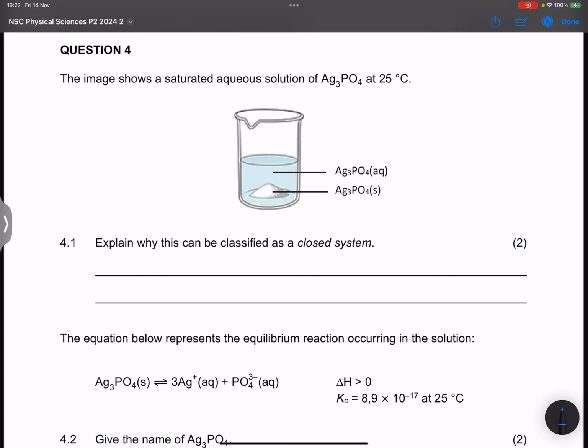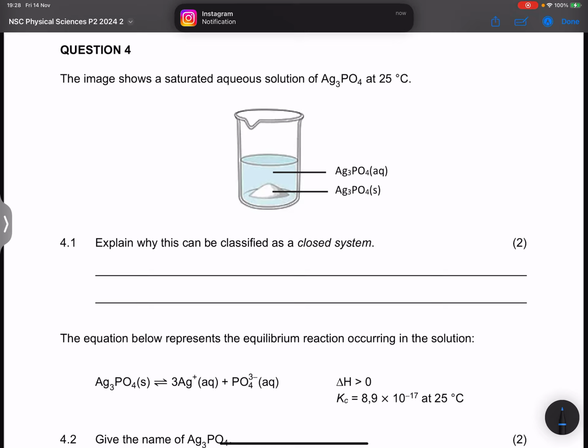They say, explain why this can be classified as a closed system. The image shows a saturated aqueous solution of silver phosphate at 25 degrees. It can be classified as a closed system in this case because none of the reactants or products can escape, right?